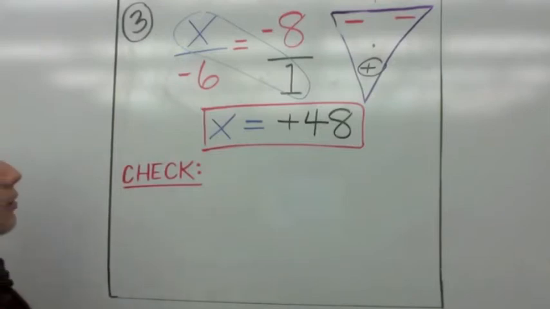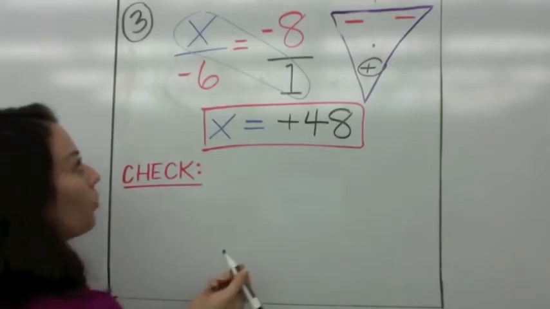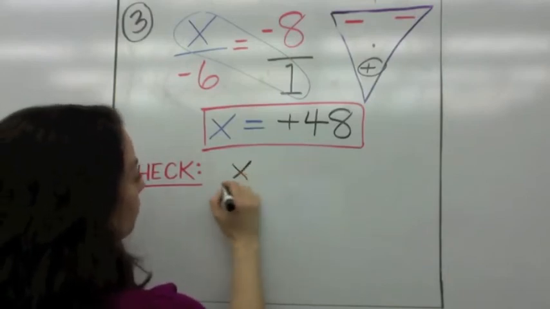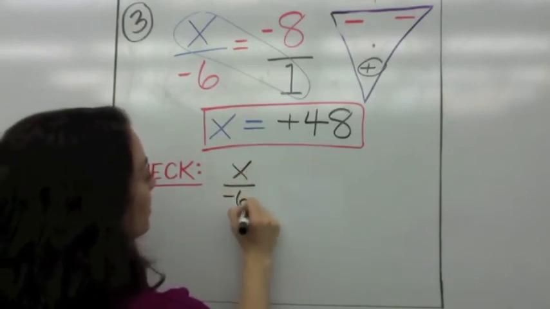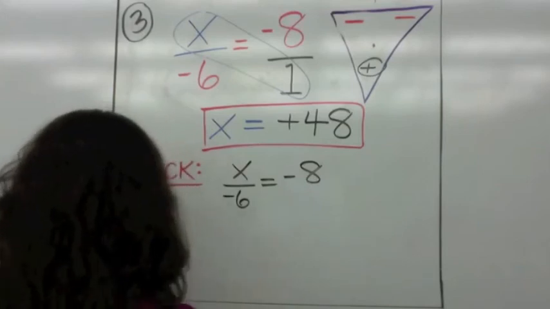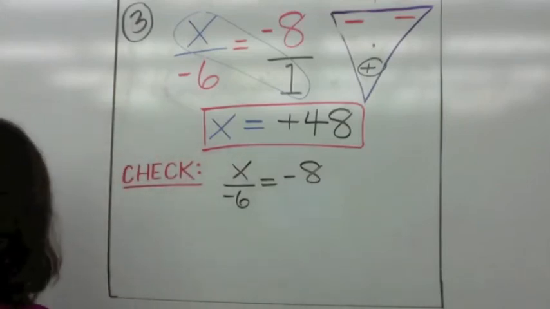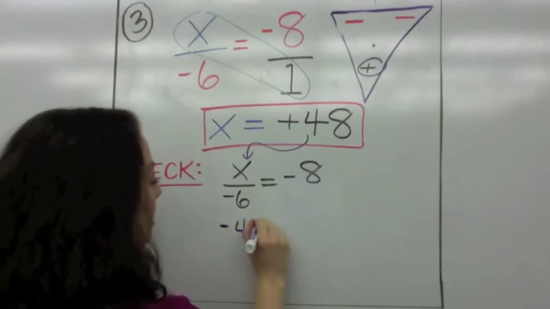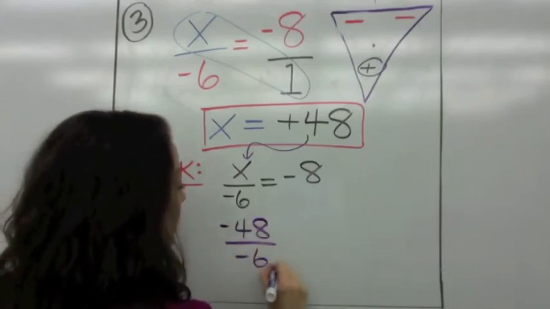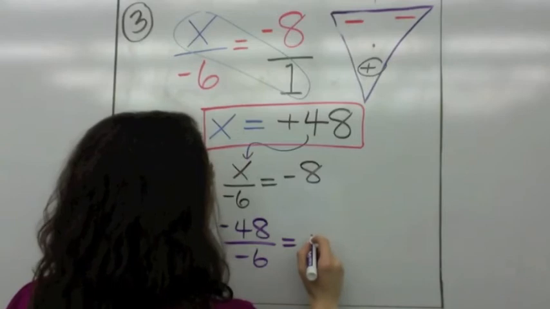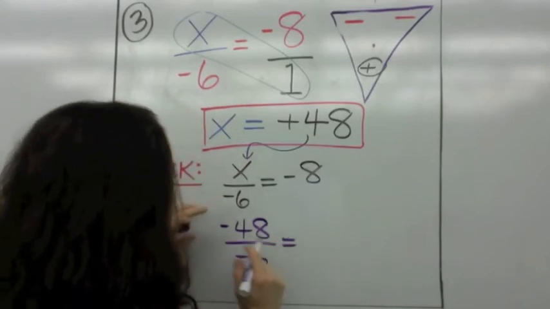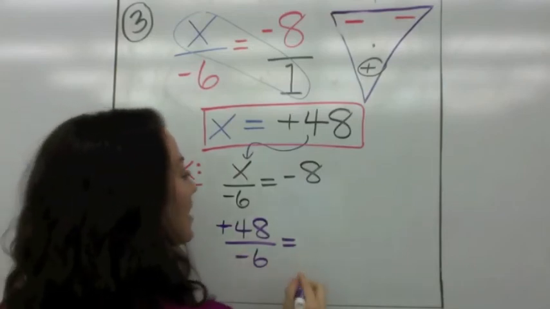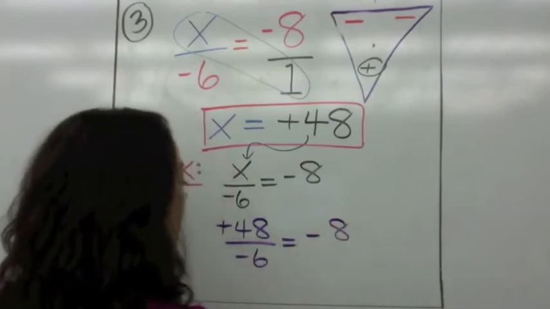Now we're going to check our work. What's the original equation? It's x divided by negative 6 equals negative 8. We substitute 48 in the place of x. Positive 48 divided by negative 6, is that negative 8?